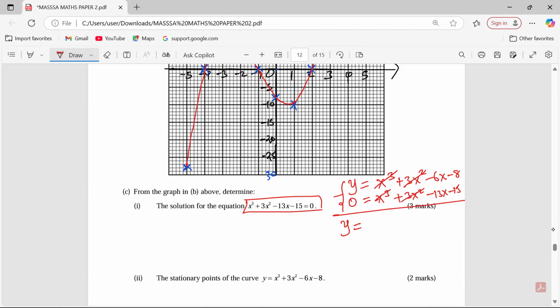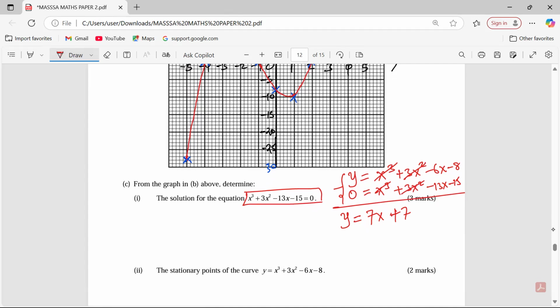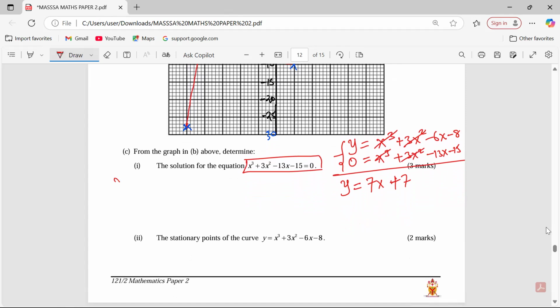Minus 6 minus a negative 13 means plus 13, whereby we are getting 7x, then minus 8 minus a negative 15. This gives us 7. So we are already having the equation of the straight line, which is going to be plotted to represent the function to be solved. Therefore, we need to talk about now a small table of values.